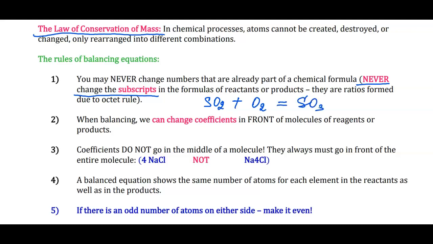If we balance this equation, we have one sulfur at the left side and one sulfur at the right side, right? And for oxygen, we do not do this. No, that is not the way. You never change subscripts because formulas are given to you. You can only add special coefficients in front of molecules, okay?